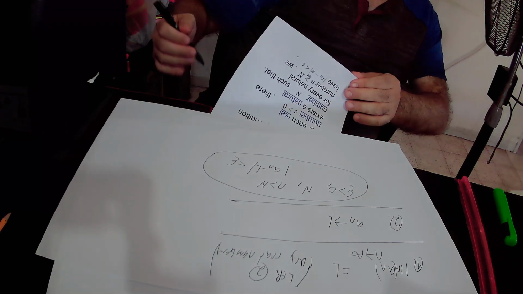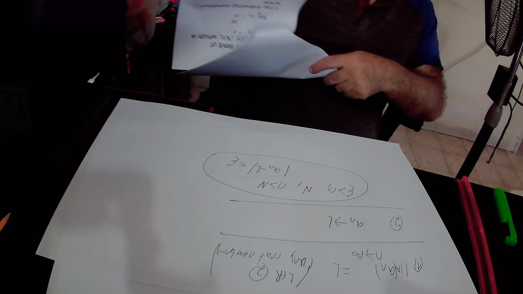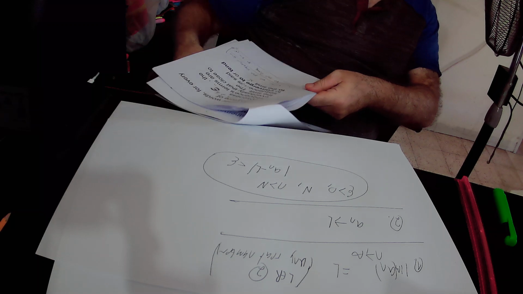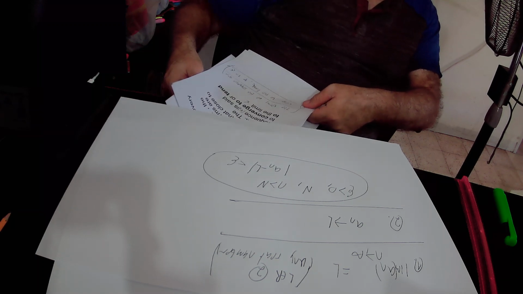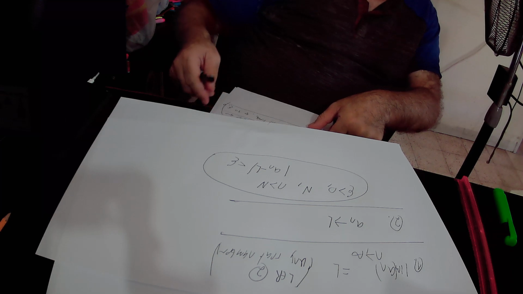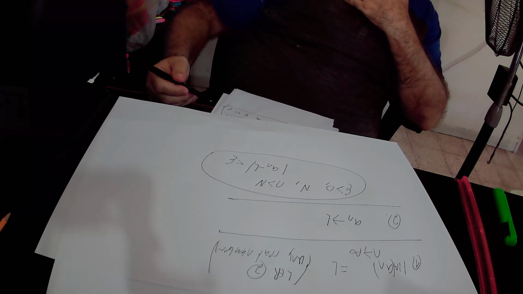Or in other words, this condition states that the terms of sequence an are close to the limit L up to epsilon. Okay?